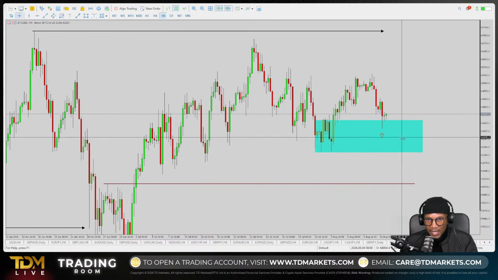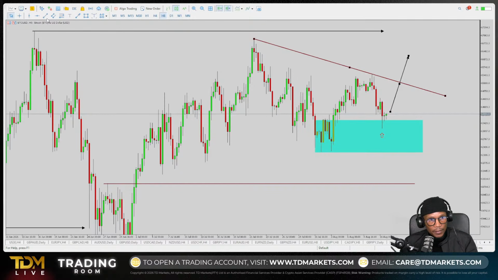If this demand area is strong enough, then we are likely going to see a continuation up. So there are two possibilities here. With this pattern, we could come back down to this low before this pushes towards the upside.